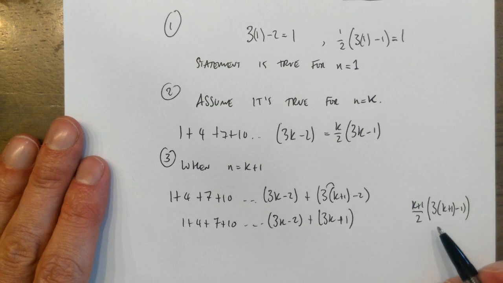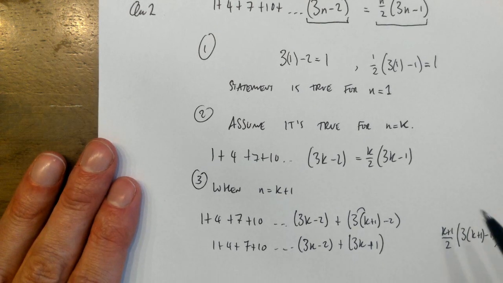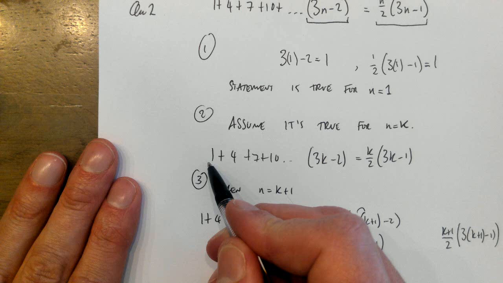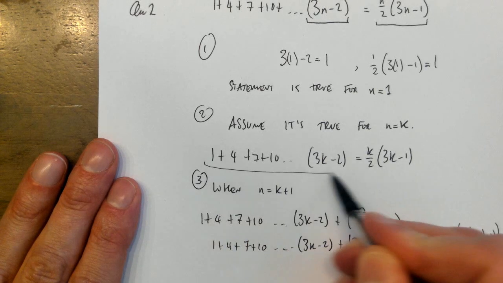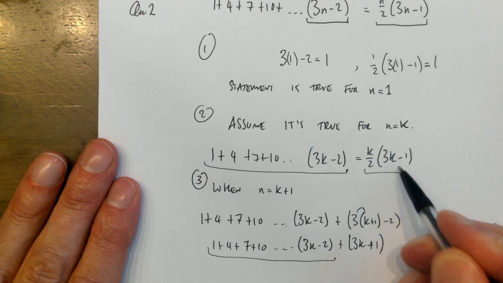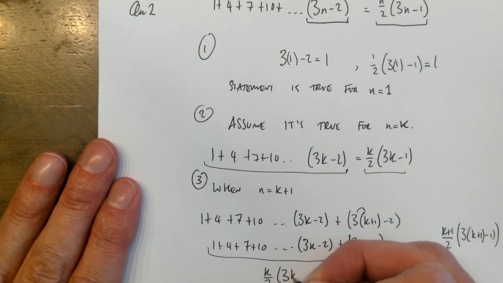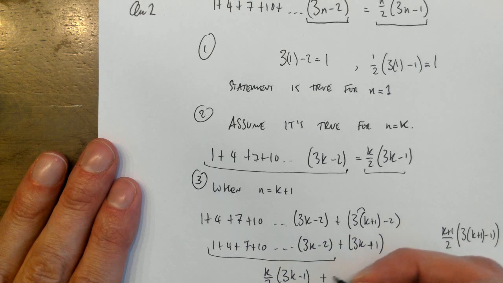So that's what we want to show, that this is the same as that. So we're going to use the assumption. Remember up here, step 2, we're assuming that all of this is the same as that. So I'm going to replace all of this with that here. This becomes k over 2 times 3k minus 1 plus 3k plus 1.